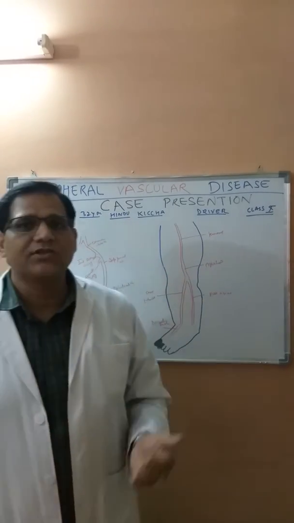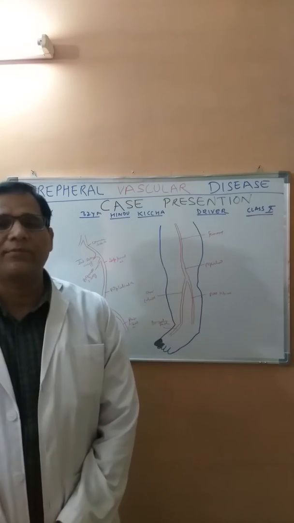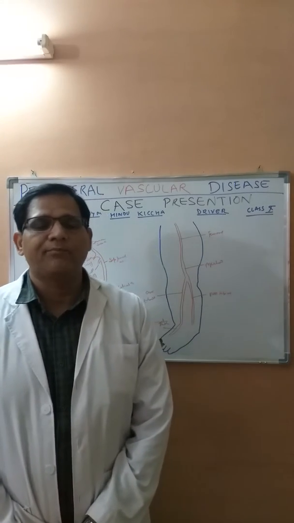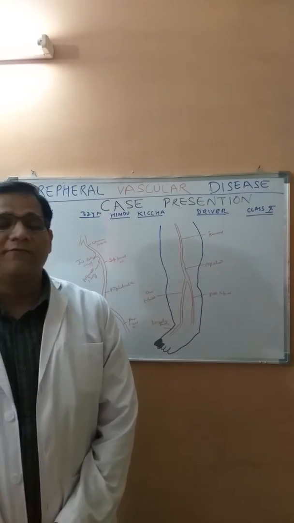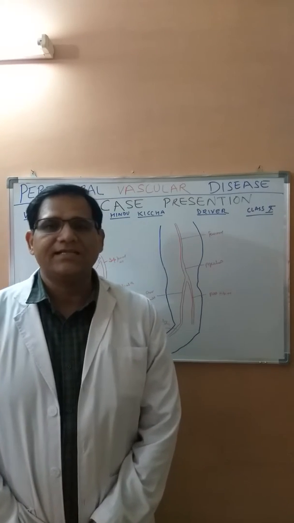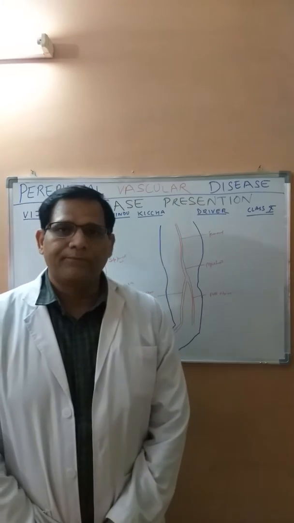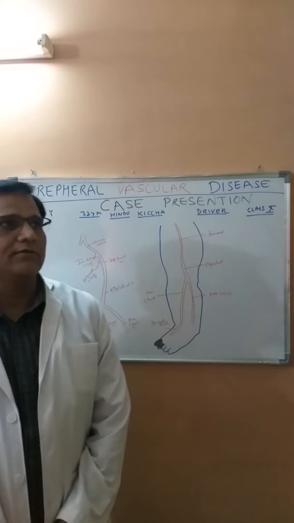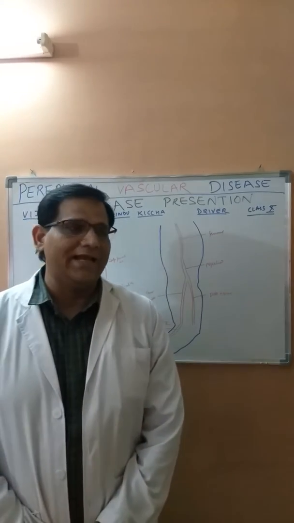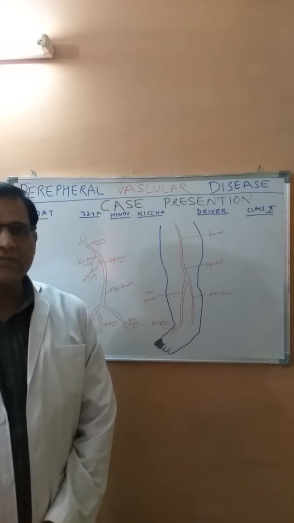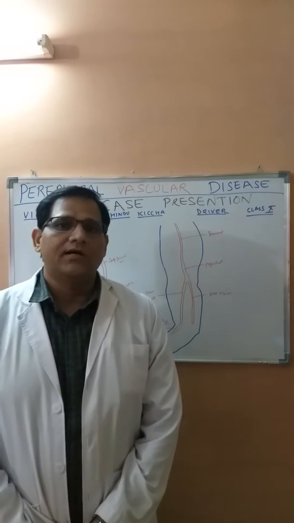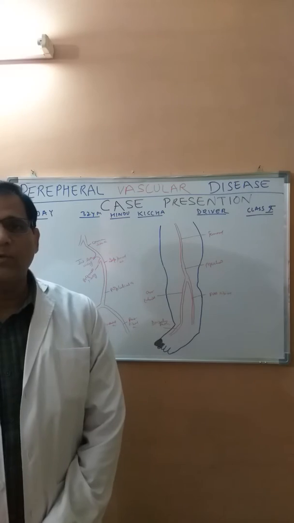So the case presentation goes like this. My patient was apparently well when he had a pain over the left lower limb 4 months back. The pain was insidious in onset and gradually progressive in nature. Earlier the patient was able to walk even with the pain, but at present he has to take rest, and then only he is able to walk.